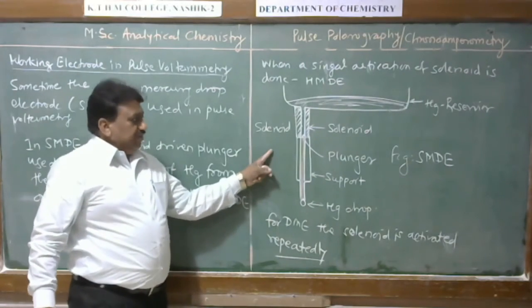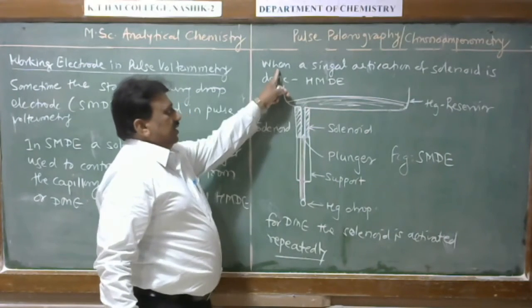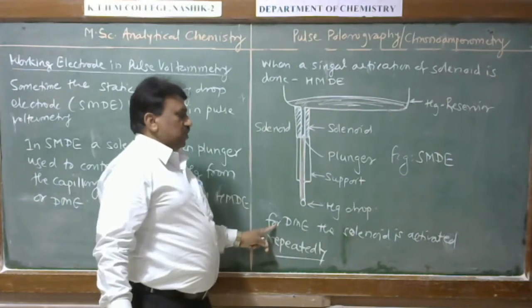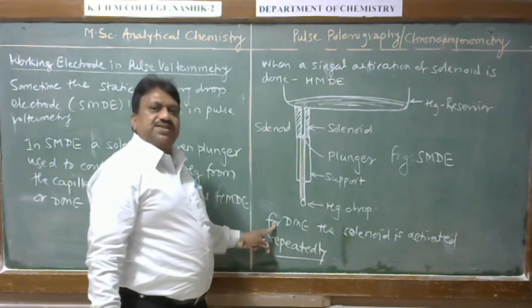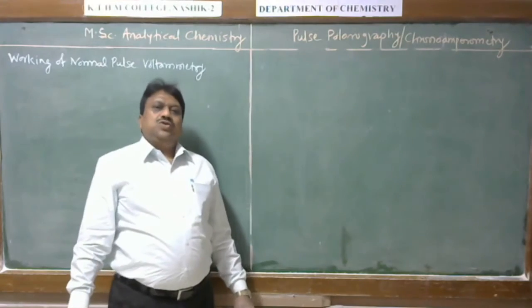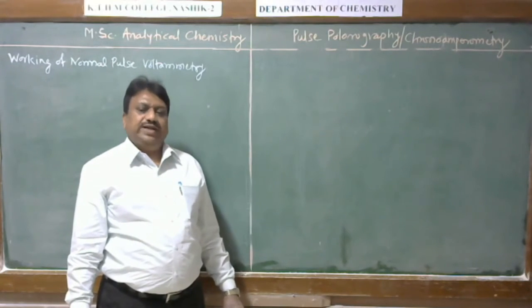Therefore, static mercury drop electrode can be used as a hanging mercury drop electrode when a single activation of the solenoid is carried out. And if the solenoid is activated multiple times in a fixed time interval, then it will be a dropping mercury electrode.